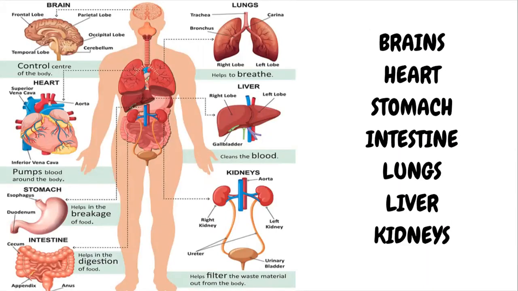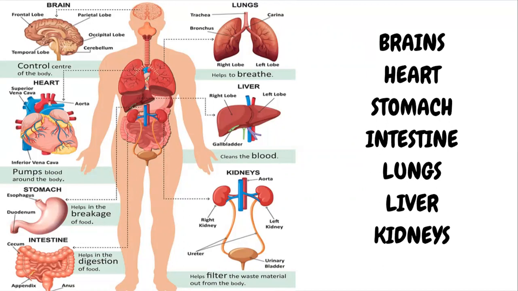Now, since we are talking about hospitals, we must know that there are these major organs that people generally go to hospital to get treatment for, either one of these or maybe more than one at times. So have a look at this. The brain controls the center of the body.